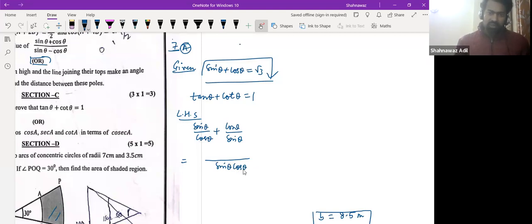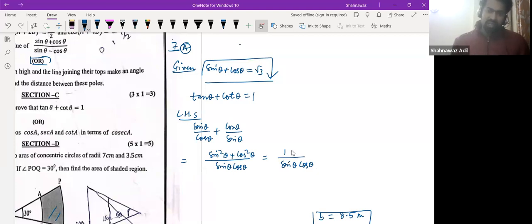So cos theta divided by sine theta gives sine square theta, and then sine theta divided by cos theta gives cos square theta. So what is this thing? This is 1 divided by sine theta into cos theta. Right, so this is given.